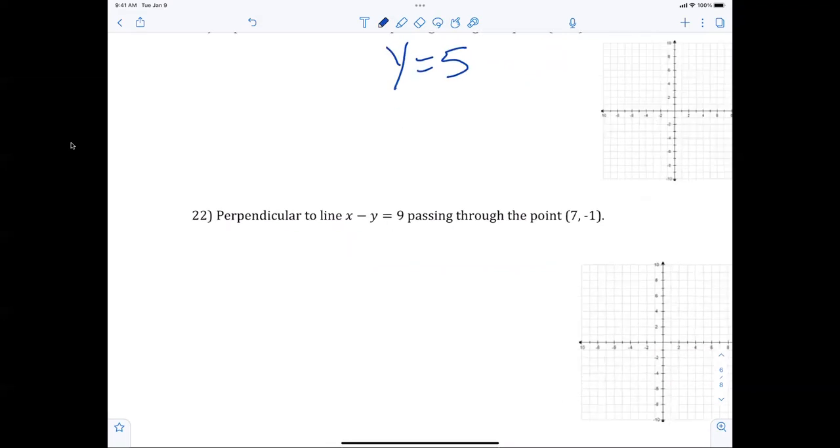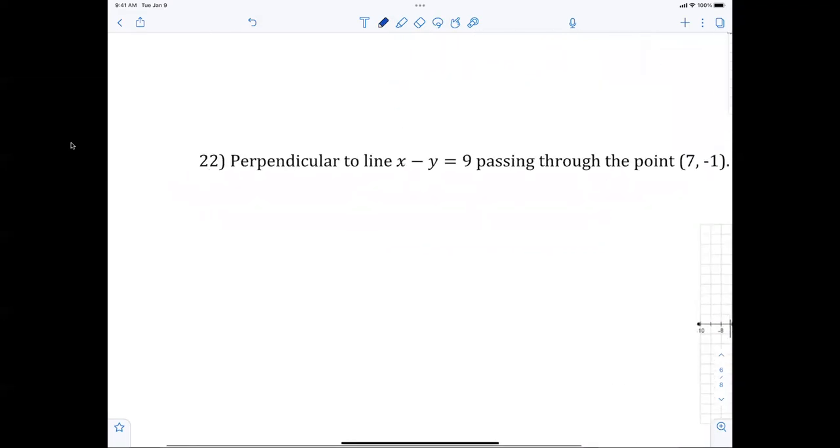So look at number 22. Here we go. What is the slope of the perpendicular? Somebody said -1. Somebody said +1. Oh, it is positive 1.